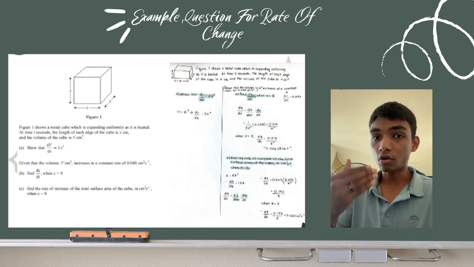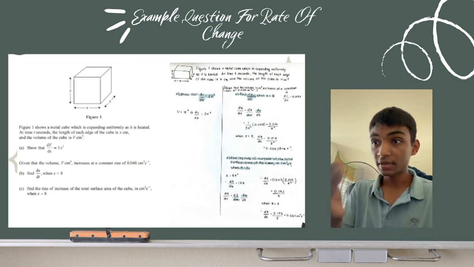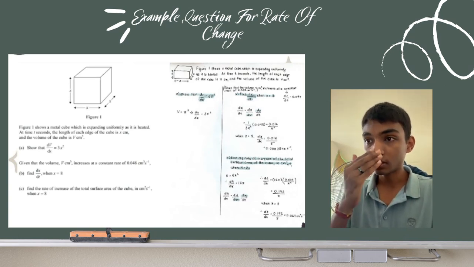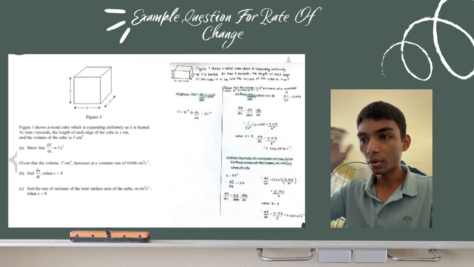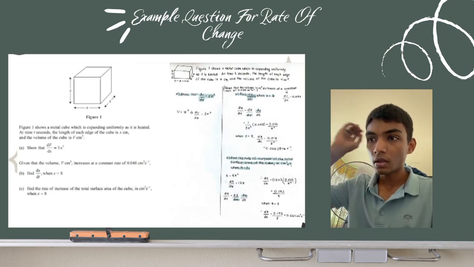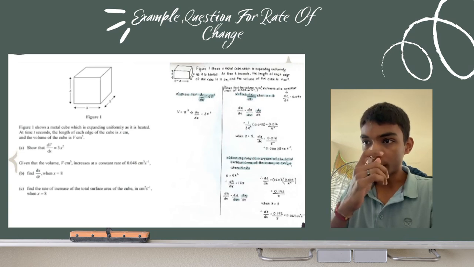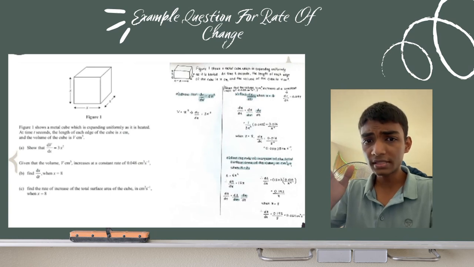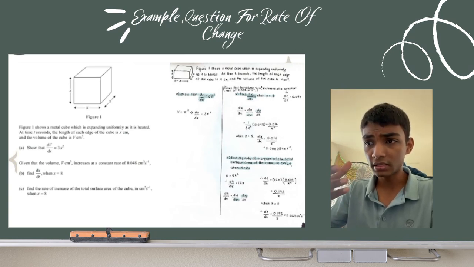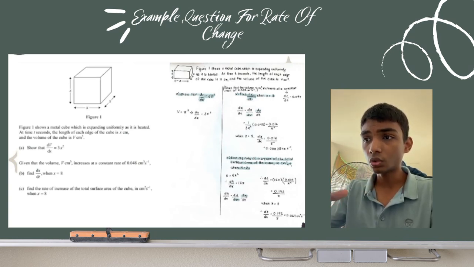Now let's find dx over dt when x equals 8. Since they have already given the value of x, which is 8, we can substitute it into the previous solution. So dx over dt equals dx over dv times dv over dt, which equals 1 over 3x squared times the constant, which is 0.048, giving 0.016 over x squared. Now since they have given the value of x, we just substitute it for all the x values that are unknown here.